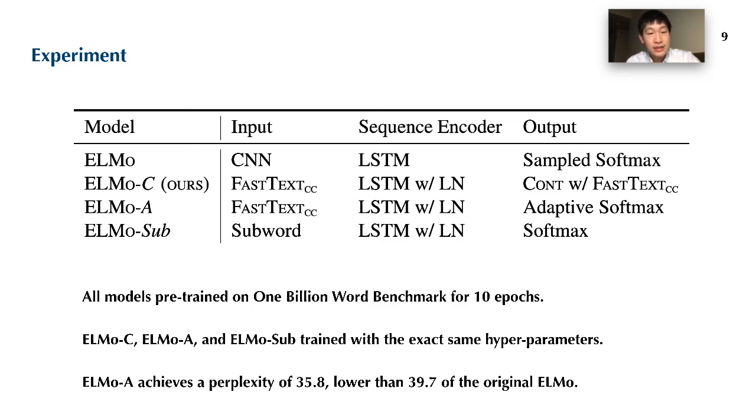The two baselines, ELMo-A and ELMo-Sub, are trained with the exact same hyperparameters as our ELMo-C. We especially note that ELMo-A, ELMo with adaptive softmax, achieves a perplexity of 35.8, lower than 39.7 of the original ELMo. This indicates that the introduced baseline is strong and fair.